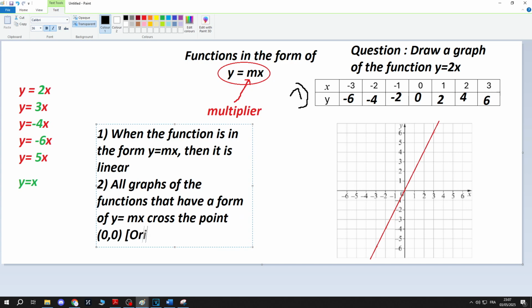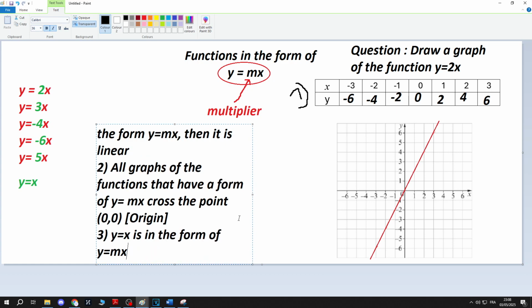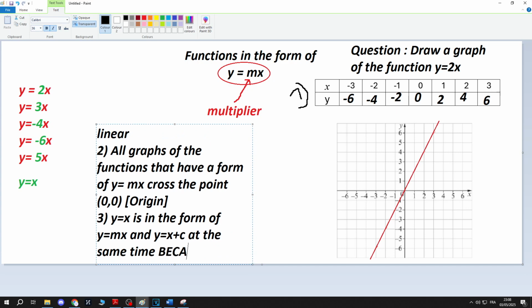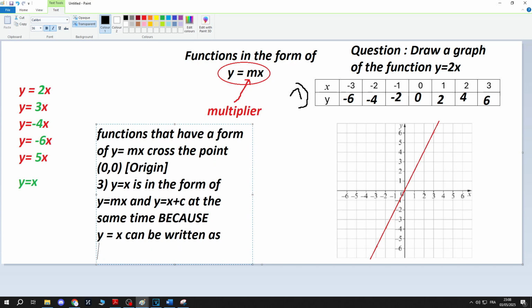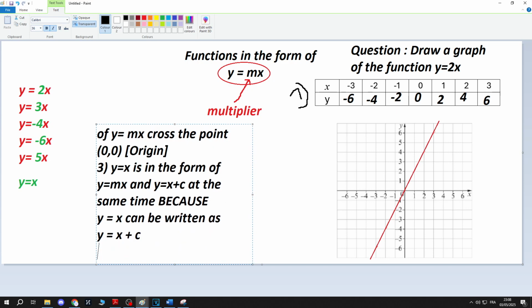Remember, we called it the origin. Number 3, y equals x is in the form of y equals mx and y equals x plus c at the same time, because y equals x can be written as y equals x plus c and y equals mx. Got it? I hope you have.